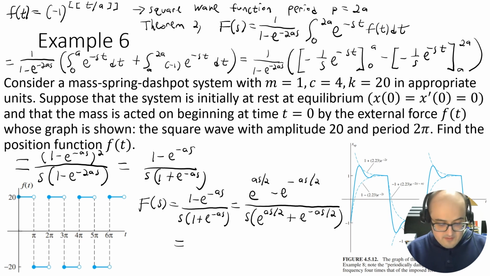And that can be written as the hyperbolic tangent function: 1 divided by s times the hyperbolic tangent function of as over 2.